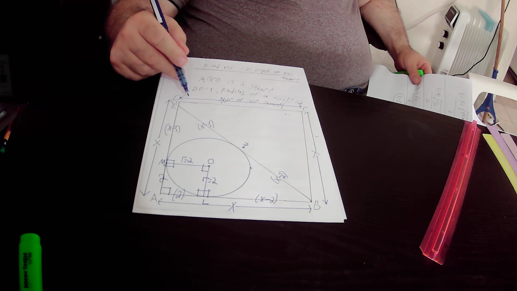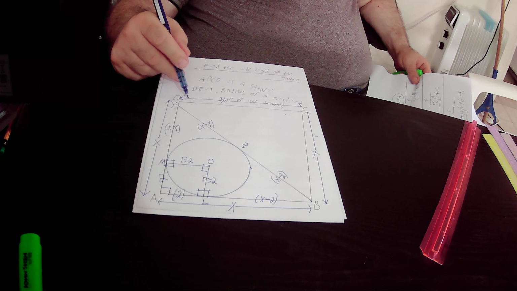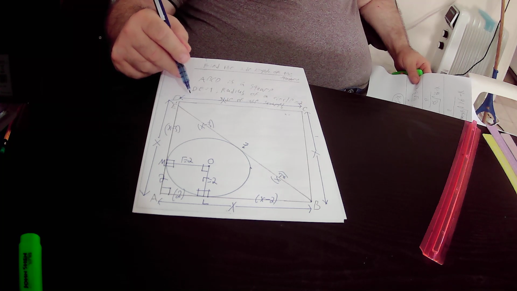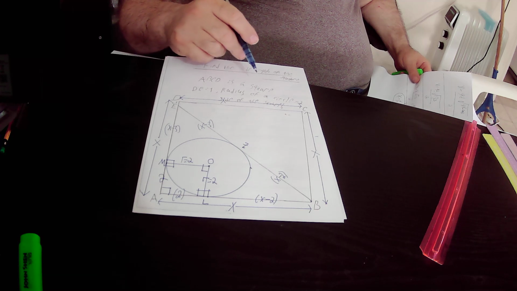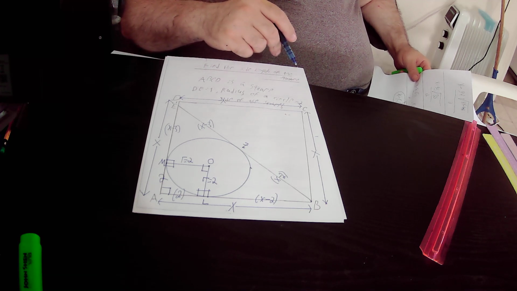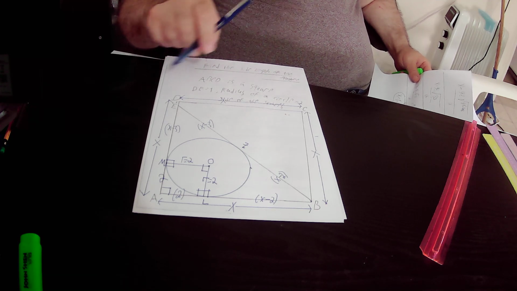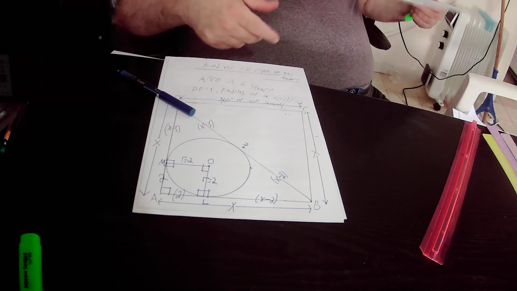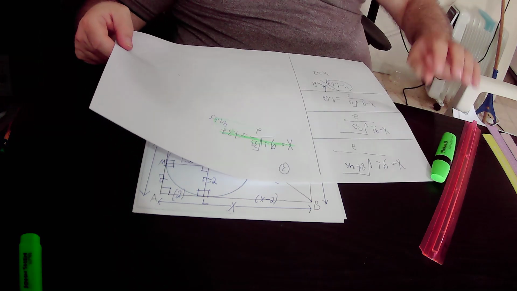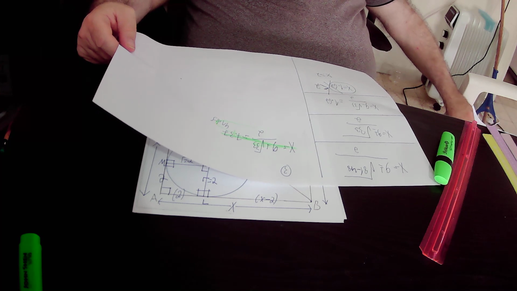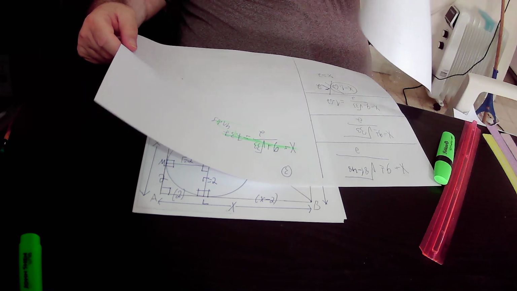Or we can also present it as 9 plus square root of 33 over 2 units. Okay, so we finished with the first question. In the next step, we will answer the second question in 2 different methods.